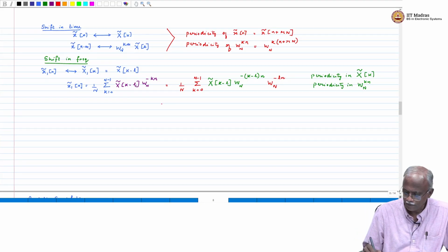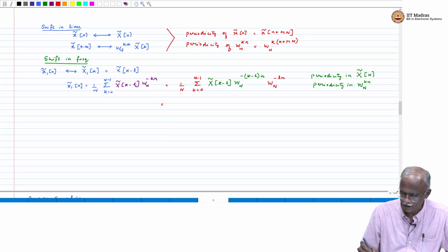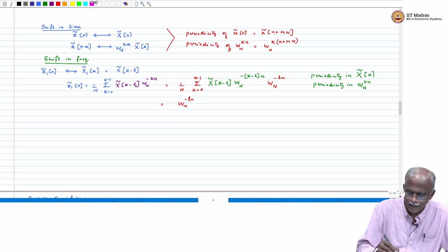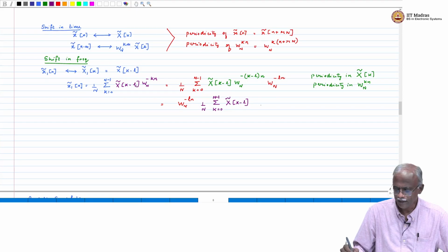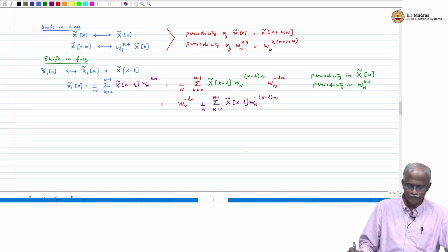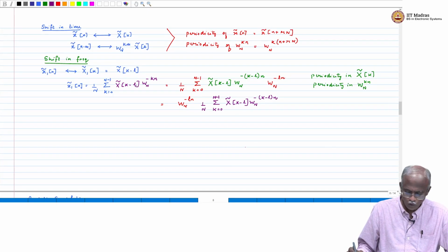Then we look at this particular term. We can take it outside the summation: W_N^{-Ln}, and what we are left with is 1 over N summation k equal to 0 through N minus 1 X tilde of k minus L, W_N^{-(k-L)n}.